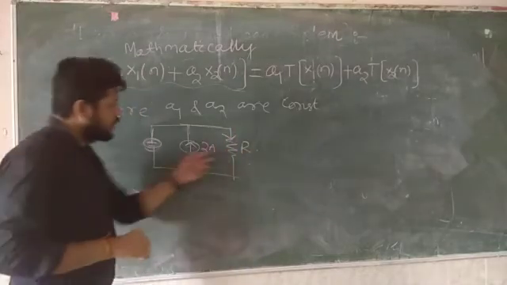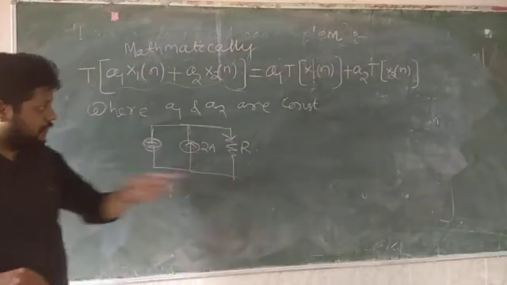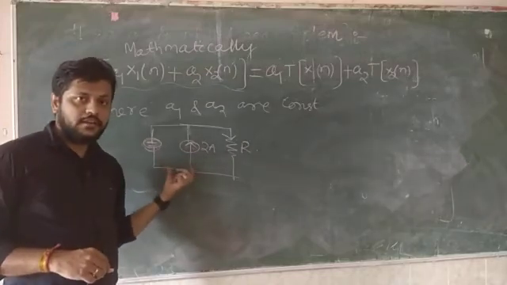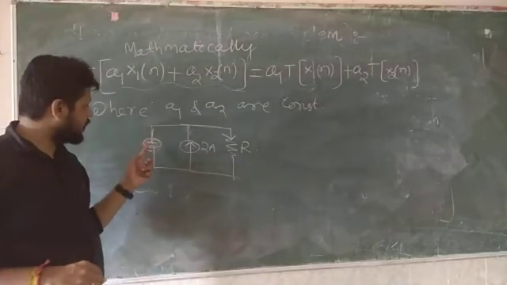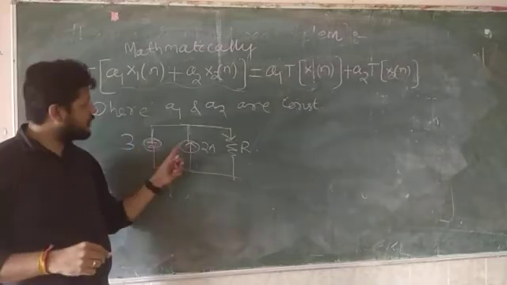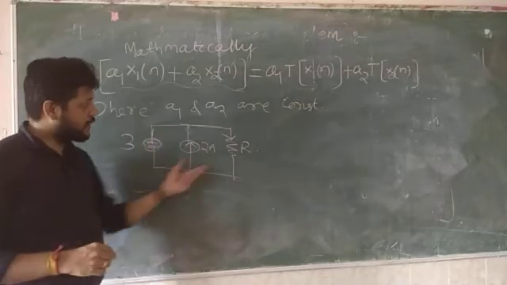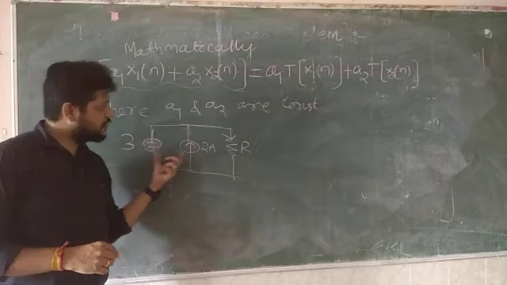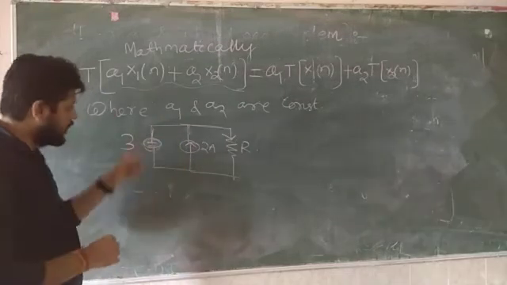Suppose you want to find the current through this resistance. If I apply these two sources, that means this voltage source is x1, 3 volts, and this current source is x2. Whatever current we get by applying these two signals must be equal to what we get when I apply only one.